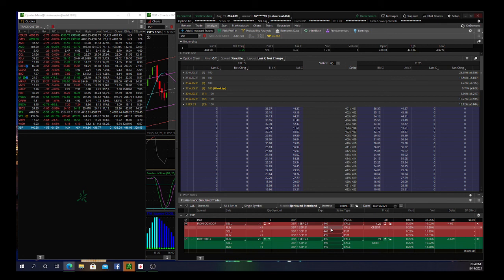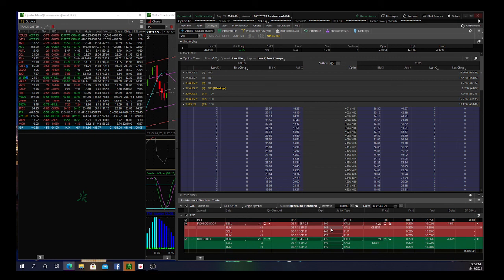Option 2 is you've created a credit spread, so you would do the exact opposite of this trade and create a debit spread. It's like selling stock short. If you sell stock short, you collected money, and to close that, you have to buy it back. You have to create a debit spread with this and buy this back. So let's say you sold at $451, it gets to $220, and you're like, okay, I'm up $230 on this trade.